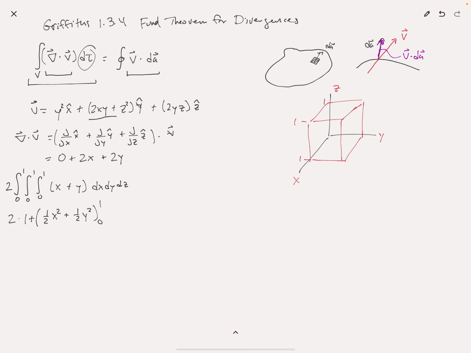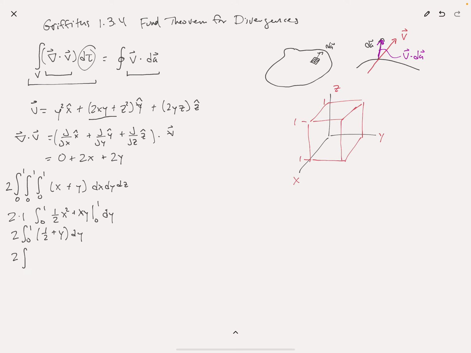I did that integral very sloppily, so I'm going to just restart this. Okay, so I get 2 times 1. Then I'm left with the integral from 0 to 1 of x plus y, that's 1/2 x squared plus xy evaluated from 0 to 1, and then we're left with a dy still. So that becomes 2 times the integral from 0 to 1 of 1/2 plus y dy.